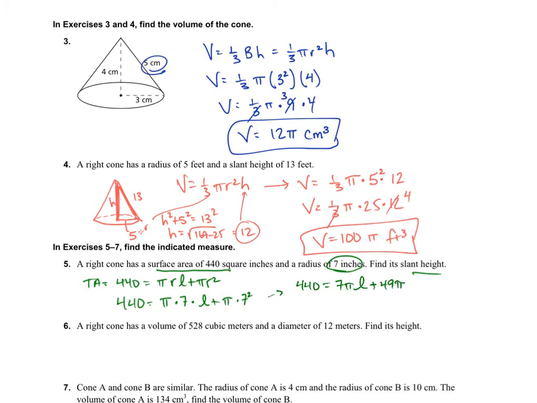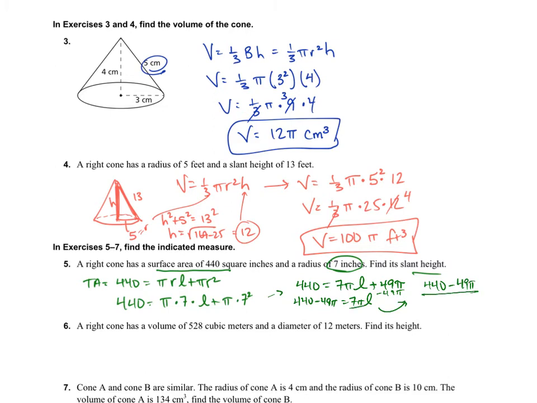All right, so now I can subtract over the 49 pi, then divide by 7 pi. So I'll have 440 minus 49 pi equals 7 pi L. Over here, 440 minus 49 pi.